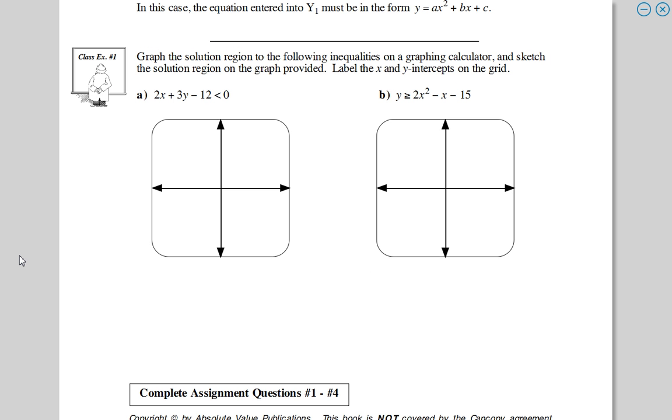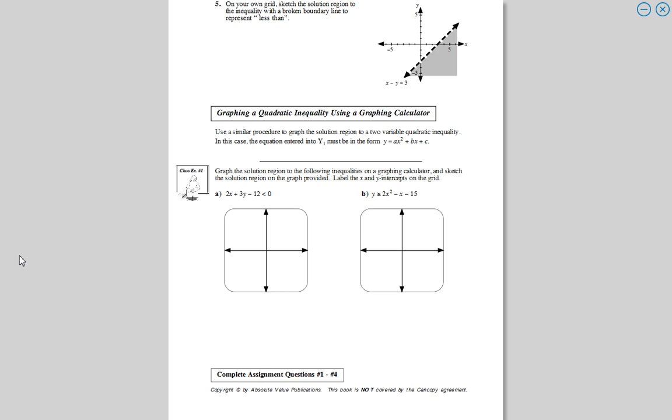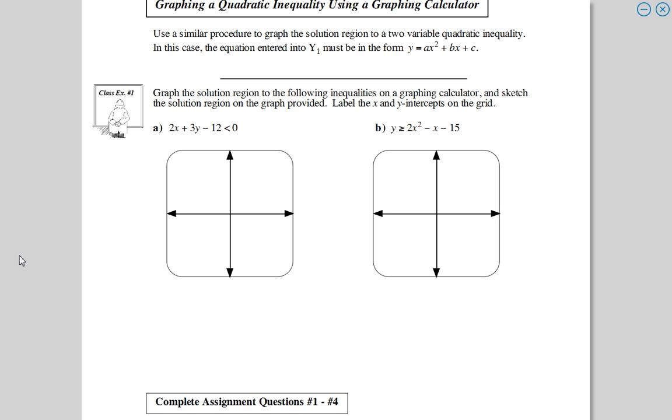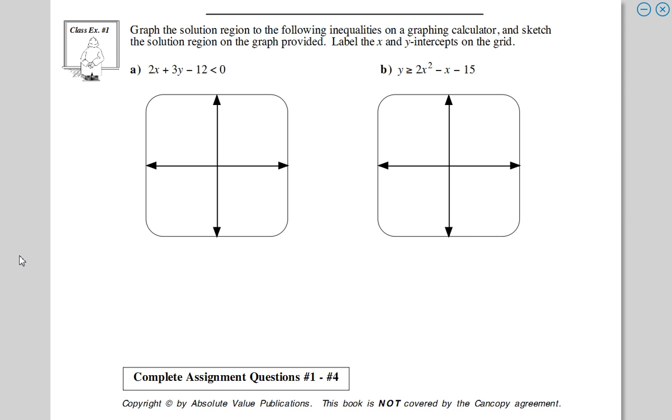So let's just jump into class example 1 for the technology. This is in the next lesson, just the very next lesson. This is page 530. So 2 situations you're going to get on the unit. It's either going to be linear, or it's going to be quadratic. We've already taken care of the systems, so there's a systems component to this unit and there's an inequalities component to this unit.